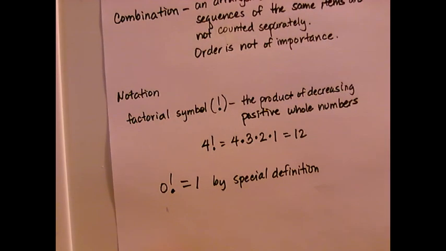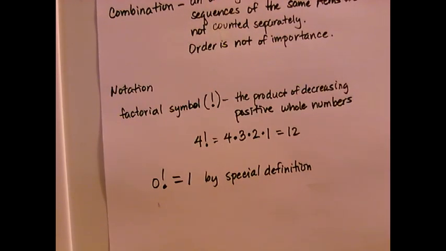There's no proof that I can come up with to show that 0 factorial is going to be 1. It's just by definition. Okay, so this will conclude this particular video on counting.